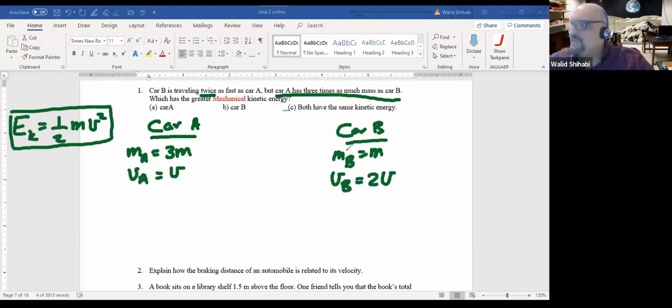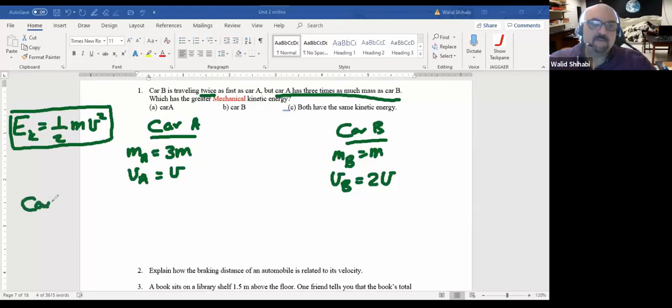You have to deal with symbols. You assign one of the objects a certain symbol, and you assign the other object a symbol that is relative to the symbol you assigned to the first object. So V, 2V, M, 3M. Okay, and now we can apply the equation and compare. So now we'll apply this equation for car A, the kinetic energy of car A.